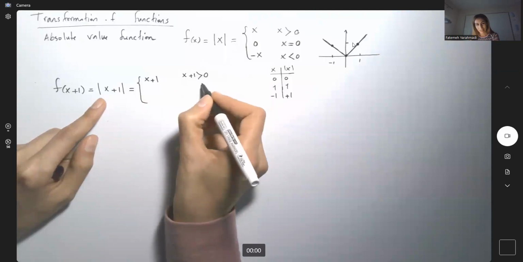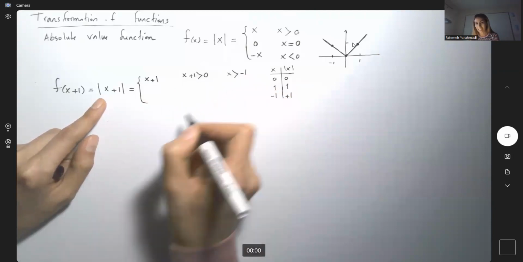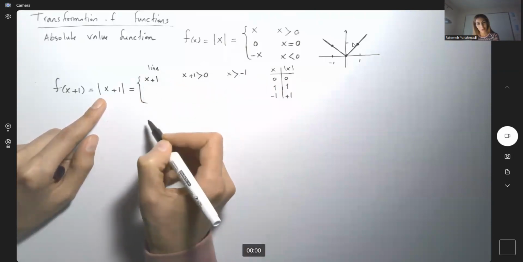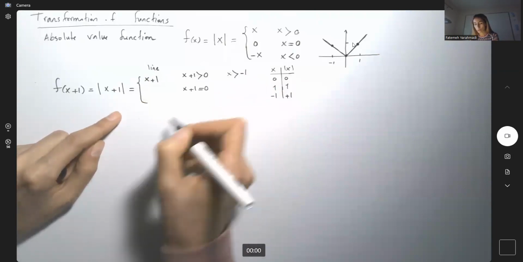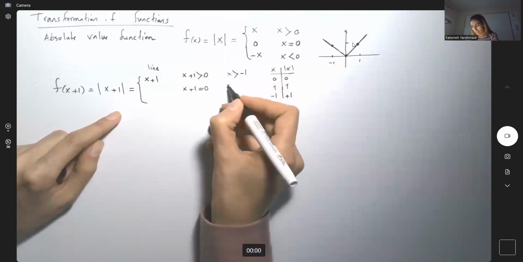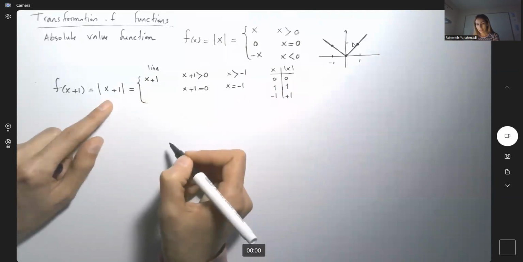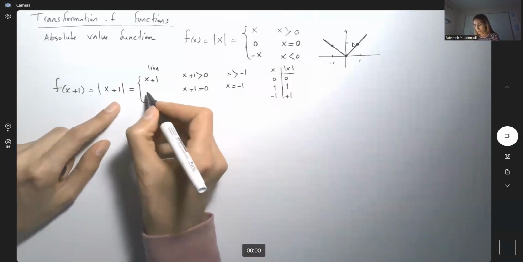Or you can rewrite this. If x is more than negative 1, I get the line x plus 1. If x plus 1 is equal to 0, or another simplification, if x is exactly negative 1, I get absolute value of negative 1 plus 1, which is 0.